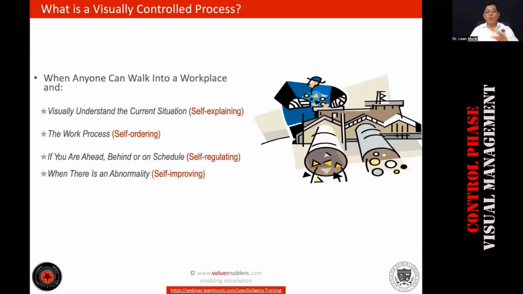SE, SO, SR, SI. Self-explaining, self-ordering, self-regulating, and self-improving. If this thought process is new to you, type BOM, bulb on moment, in the chat box.